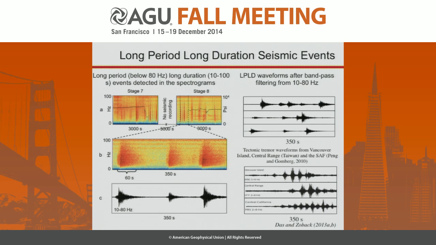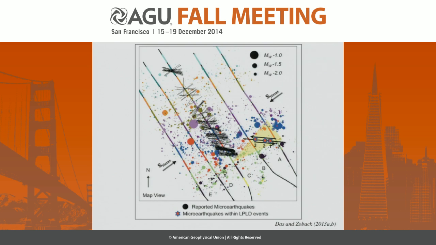They look just like tectonic tremor that's seen on the deep San Andreas fault and in various subduction zones. And by analogy, we believe that's what's happening. But it takes a big fault to produce a seismic event with a duration of tens of seconds. And so they're not seen everywhere, but we've seen them in a number of places.